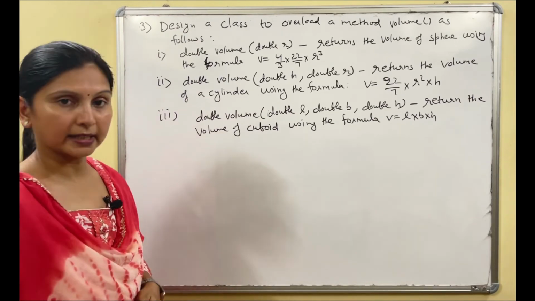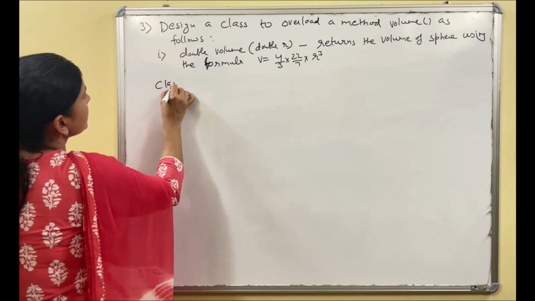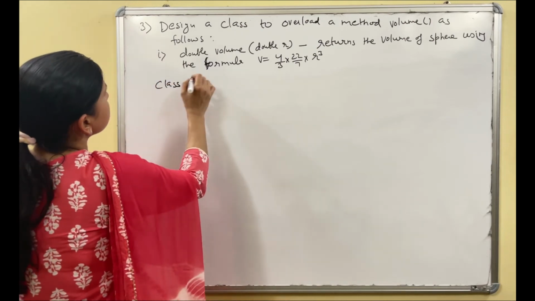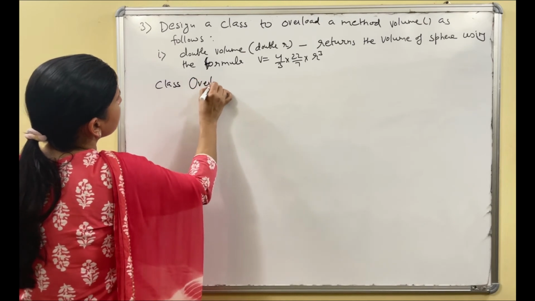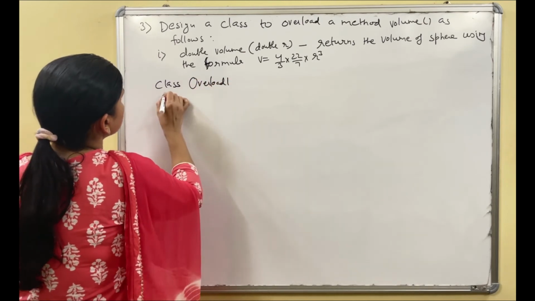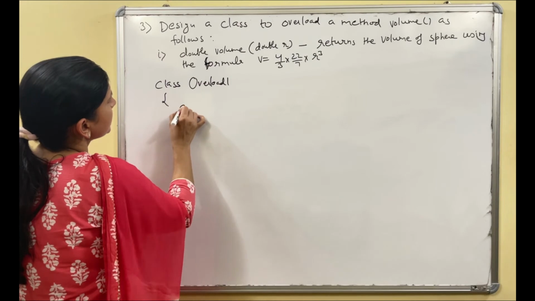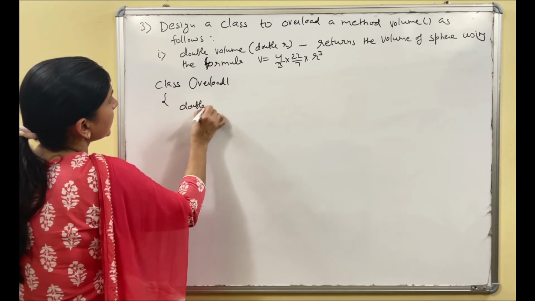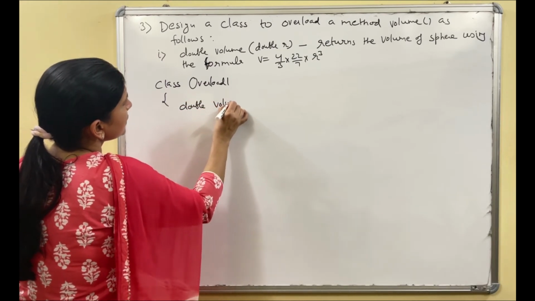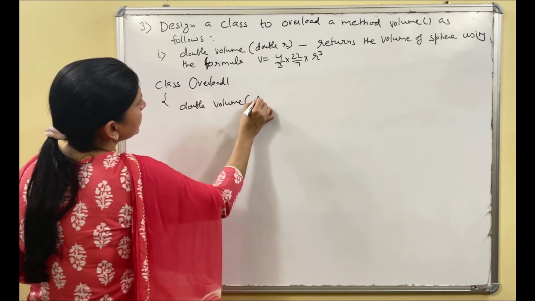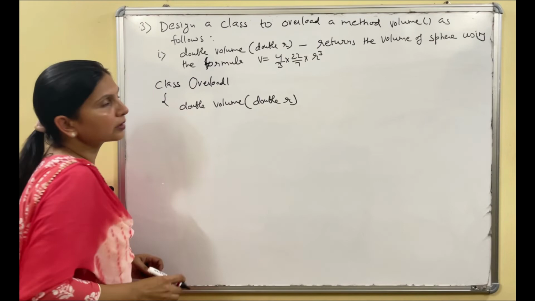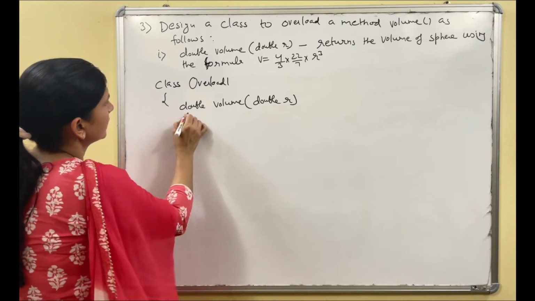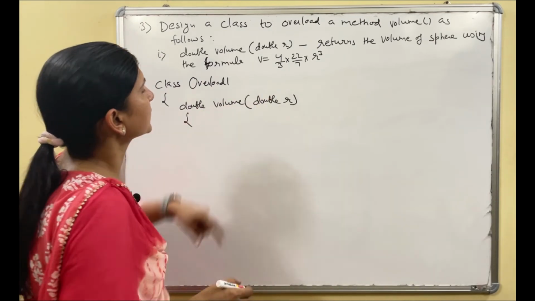So let's start. Let's make the class first. Class, I am writing here Overload1, let it be. Then the first function, the return type is double over here. The function name is volume and one parameter is passed, of double type. r is for radius, right? Now what do we have to do? We have to take a variable.